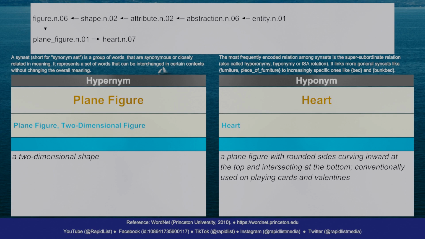Heart. A plane figure with rounded sides curving inward at the top and intersecting at the bottom, conventionally used on playing cards and valentines. He drew a heart and called it a valentine.